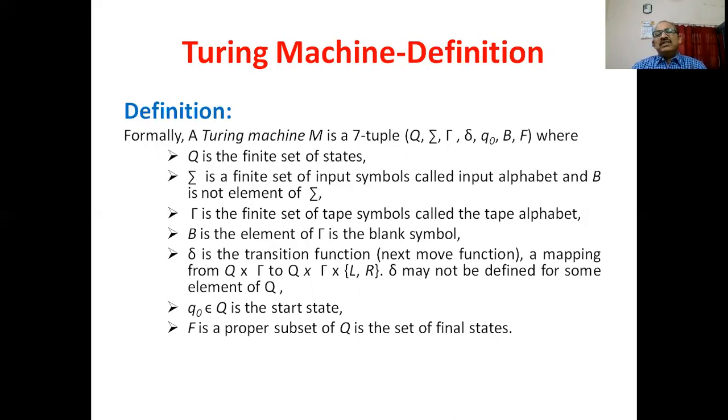So with the help of these 7 tuples, we can define a Turing machine: Q, sigma, gamma, delta, Q0, B, and F. Where Q is the finite set of states, sigma is the input alphabet, gamma is the tape alphabet, delta is a transition function, Q0 is the initial state, B is the blank symbol, and F is the set of final states.